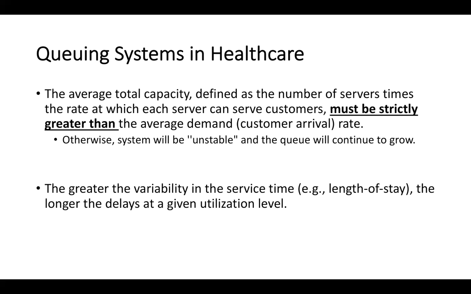And usually, the greater the variability of the time that the customer stays in the system, the harder it is to maintain a higher level of utilization for the beds in a healthcare setting.